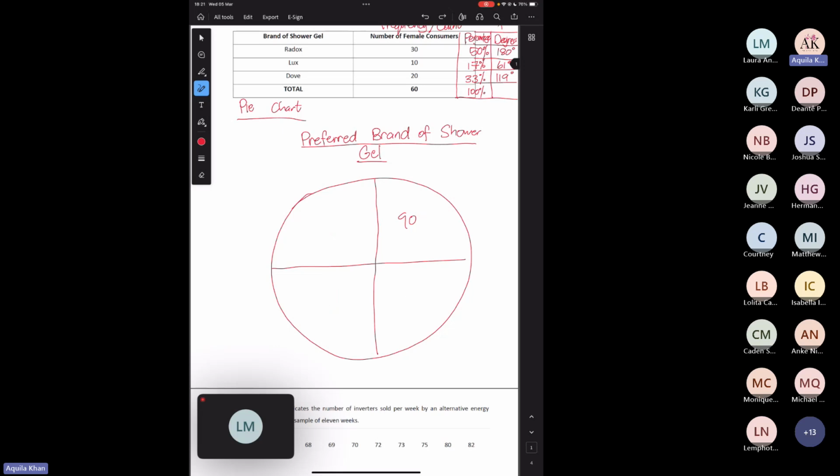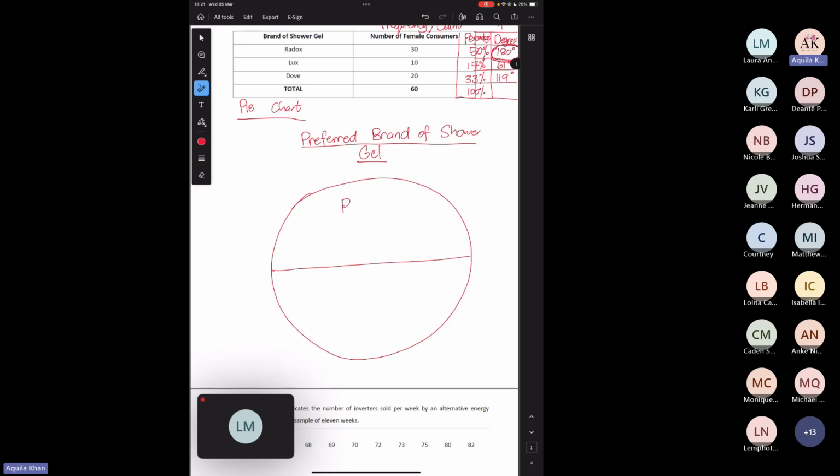So I'm just going to remove that because we don't need all of those now. So if you look at the first one, it's Redox and it's 180 degrees. Since a circle is 360 degrees, 180 will be exactly half of it. So you can either, if you want, draw your line going all the way down here, or if you prefer, you can also do it across here, whichever you prefer.